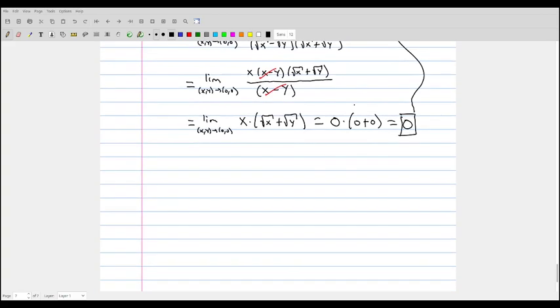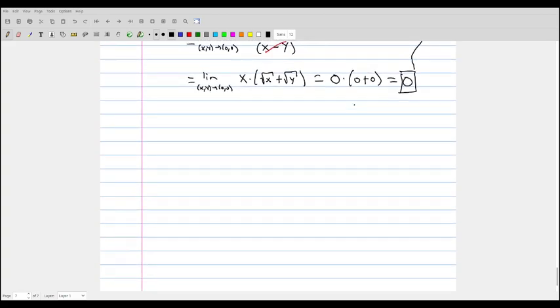Another technique that's very useful is what's called synthetic division. So factoring, synthetic division.